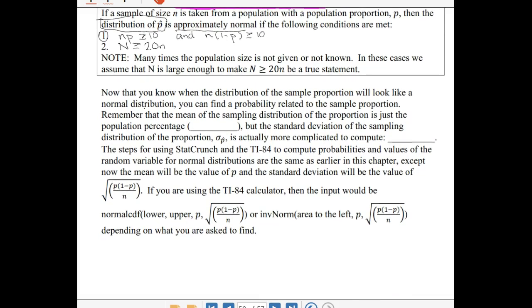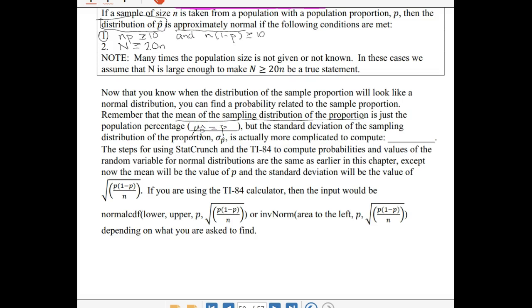All right, so now that you know when the distribution of the sample proportion will look like a normal distribution, once again we can find probabilities related to the sample proportion. Remember, the mean of the sampling distribution of the proportion is just the population proportion, so mu p-hat is simply the value of p.